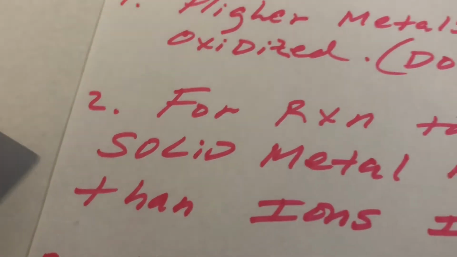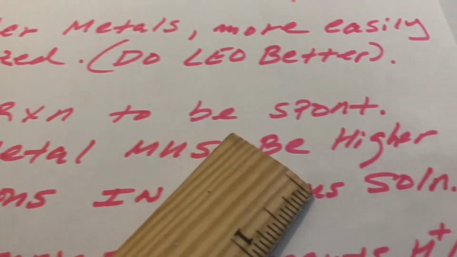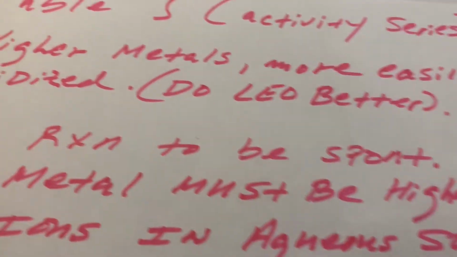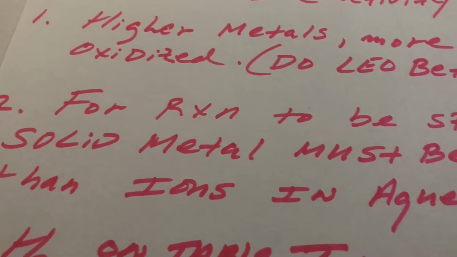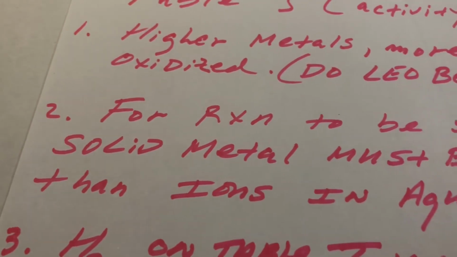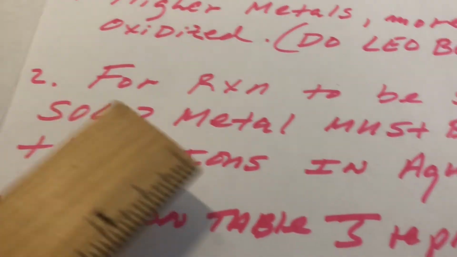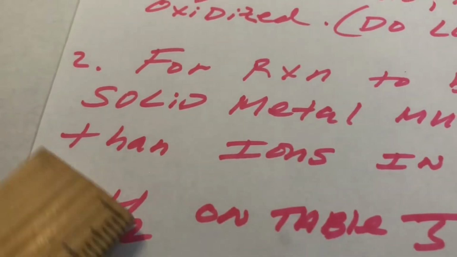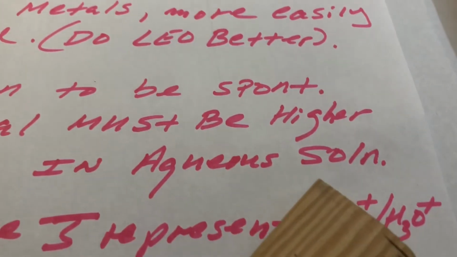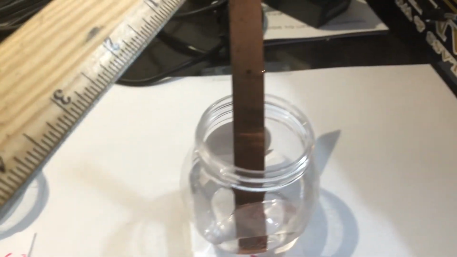Point number 2, for a reaction to be spontaneous. They can give you a question and ask you, is this reaction going to be spontaneous or not in terms of a single replacement reaction? You don't guess. The solid metal must be higher on Table J than the ions in aqueous solution. Let's analyze that slowly. Aluminum here is a solid metal, copper here is a solid metal, and then solution ions.